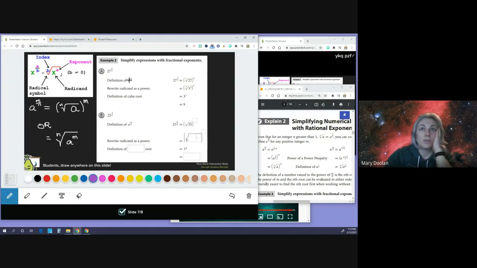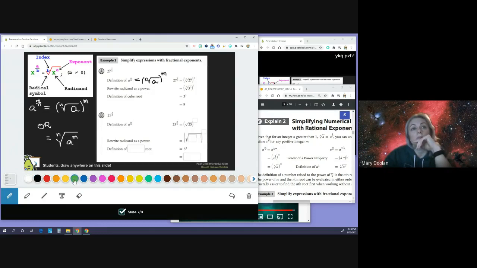So when you do that, you can see how they're using it in this example. They're using this top version, right? So they're going to turn this into the nth root of a in parentheses, all to the m power.